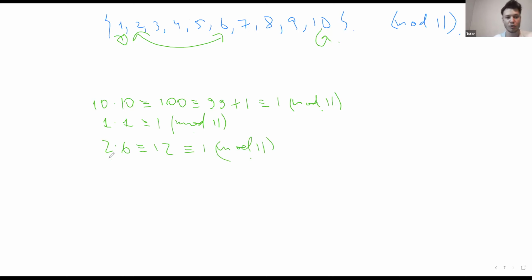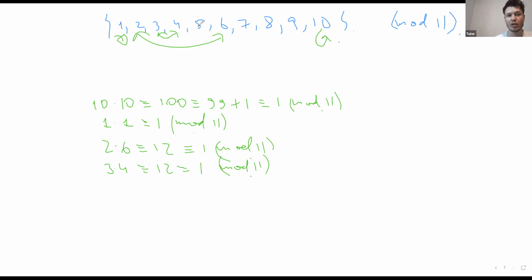So 2 and 6 are modular inverses of each other because they give me 1 mod 11. Now, what about 3? 3 gets paired with 4. 3 times 4 is 12, which is congruent with 1 mod 11. So 3 and 4 are modular inverses of each other.